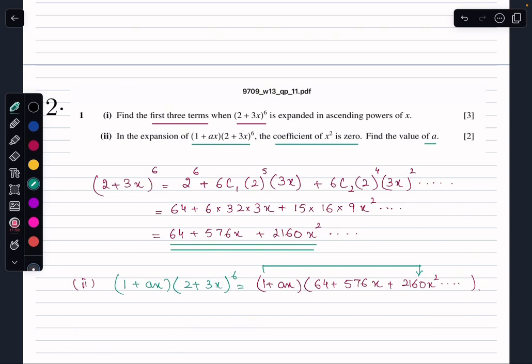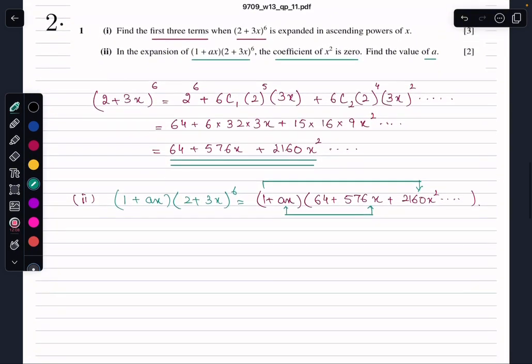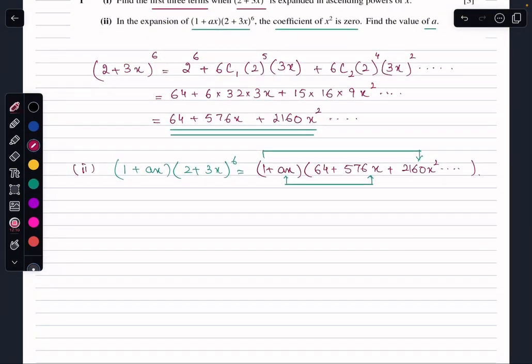Then if I multiply ax by 576x, this will also give me the coefficient of x square here. So this is going to be 2160x square plus 576a x square, or it's a 2160 plus 576a x square.